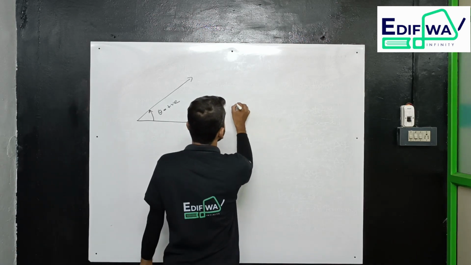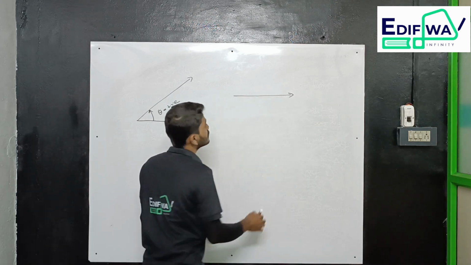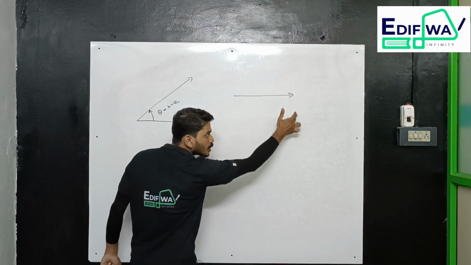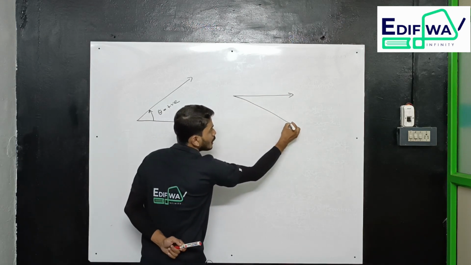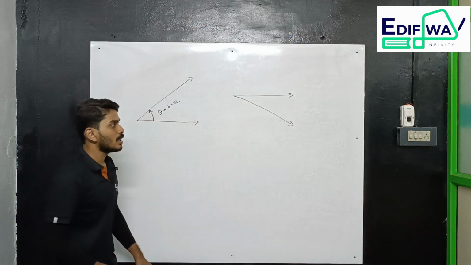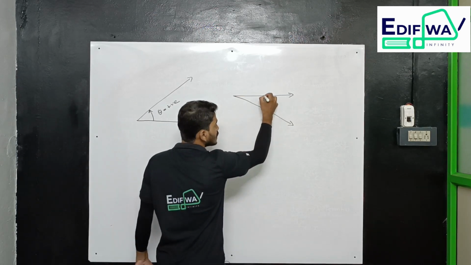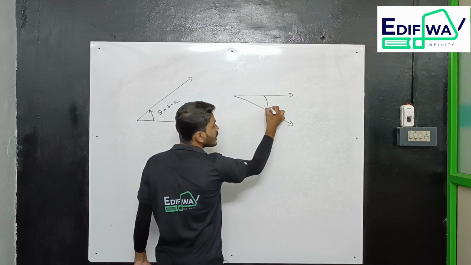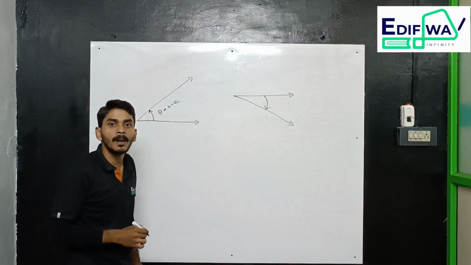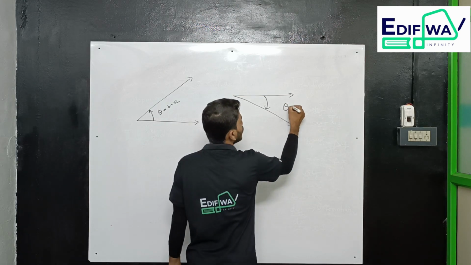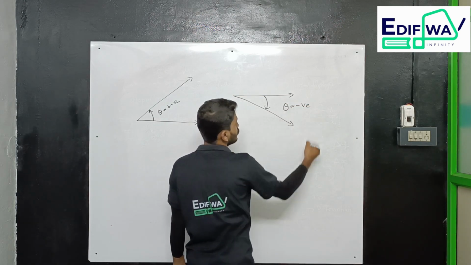Once again, let's consider another ray. If this ray rotates in the clockwise direction and reaches this point, then an angle is formed. That angle is measured in the clockwise direction, so that angle is considered to be negative.